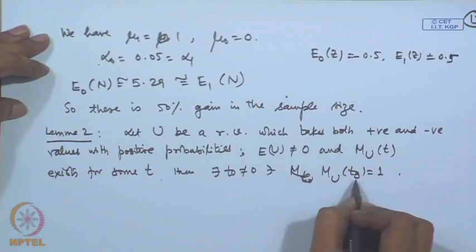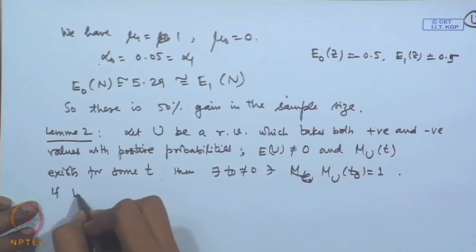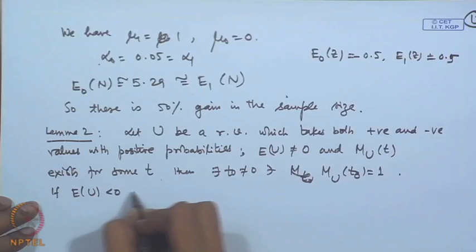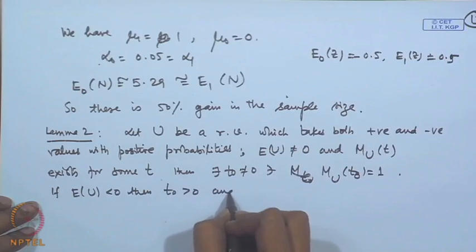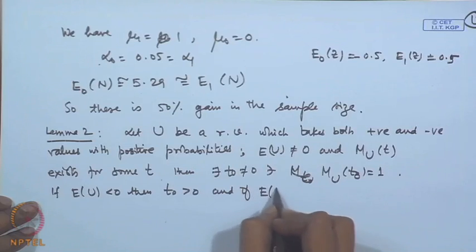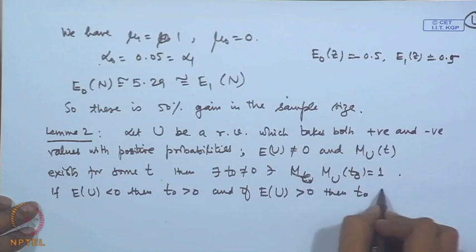And we can actually tell about the location also of this t naught. If expectation of u is less than 0, then t naught will be positive, and if expectation of u is greater than 0, then t naught will be less than 0.